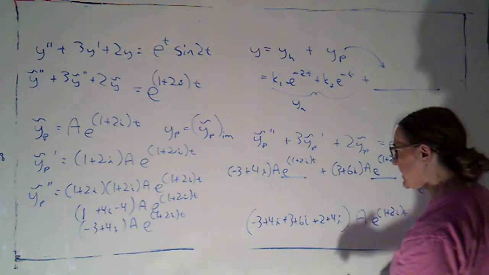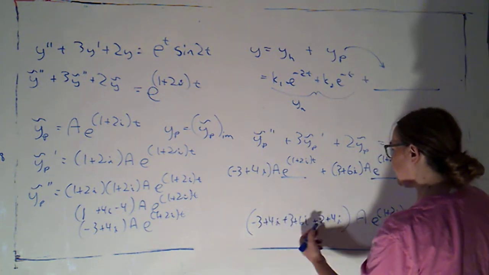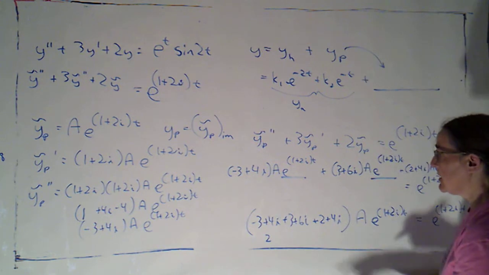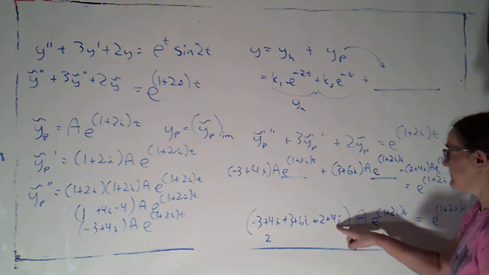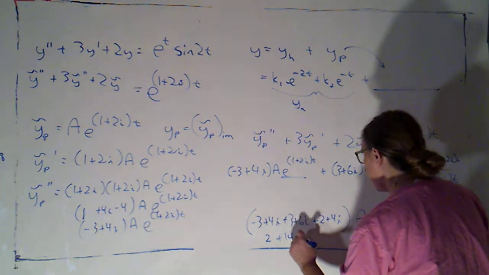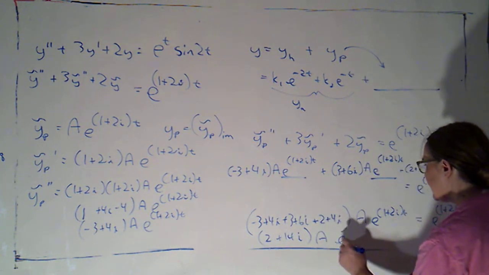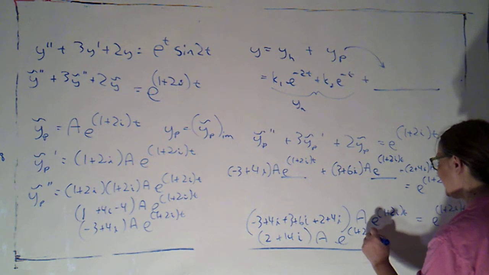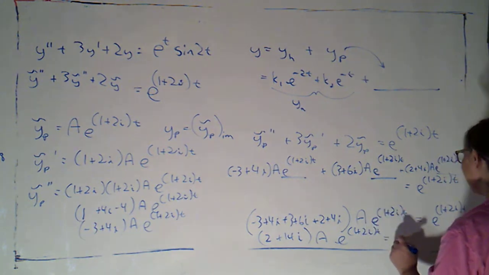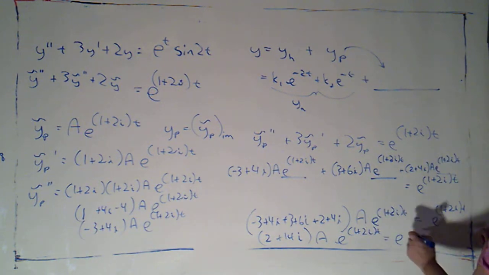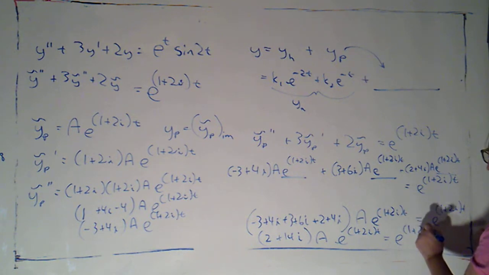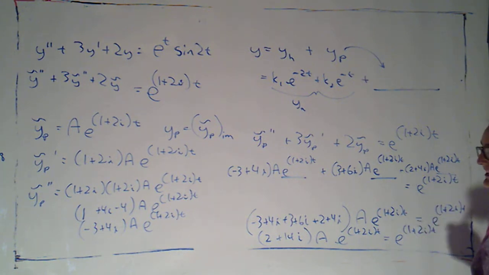So if I consolidate all of that, let's see, negative 3 plus 3 plus 2 is 2. 4i plus 6i plus 4i is 14i. So I've got 2 plus 14i times a e to the (1 plus 2i) times t, and that's all got to equal 1 copy of e to the (1 plus 2i) times t.